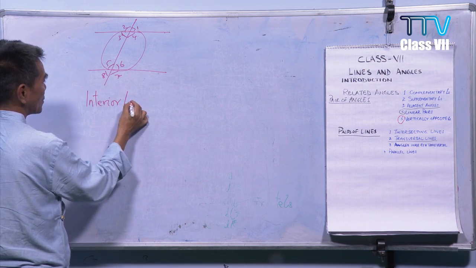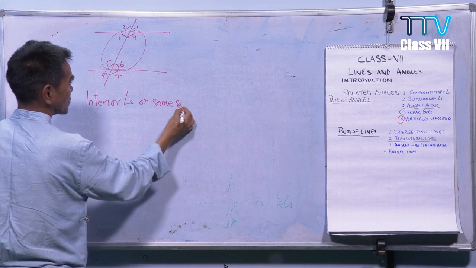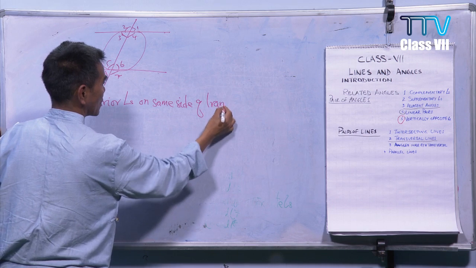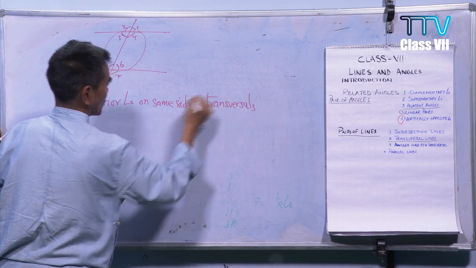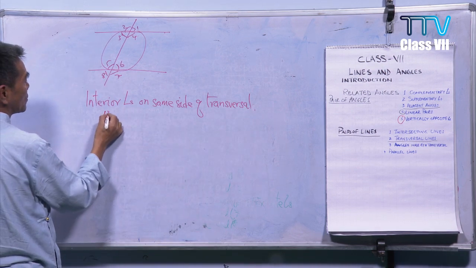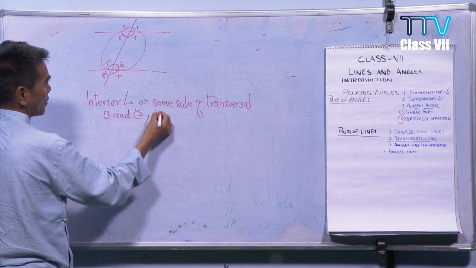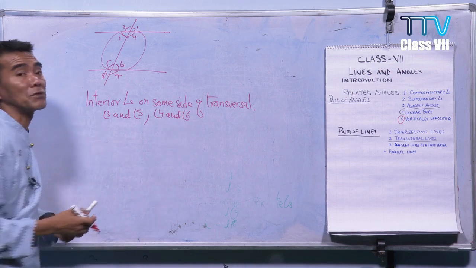Interior angles on the same side of the transversal. Angle 3 and angle 5, angle 4 and angle 6 are on the same side of the transversal.